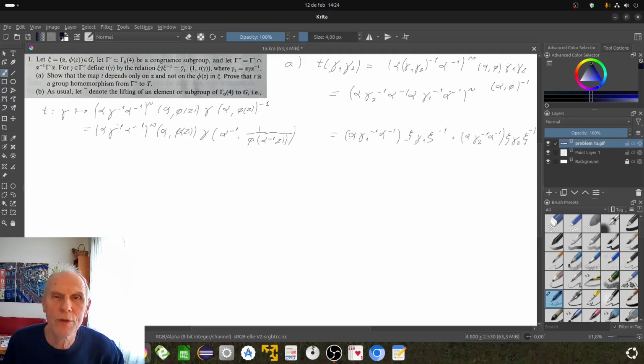And we also need to show that T of the identity matrix, this unity, that should be easy. This, of course, gives the identity matrix, and yeah, that's easy.